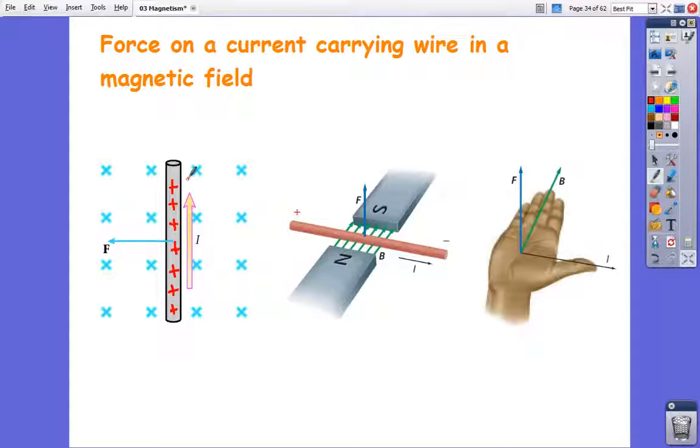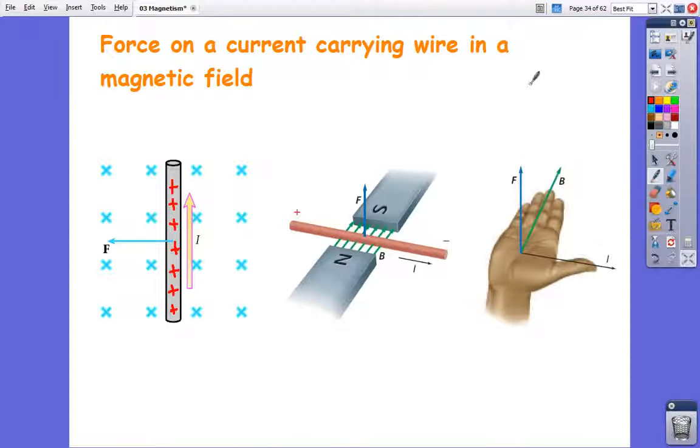In this case, the wire will be pulled by the force of the magnet. So we are going to define the direction of the force.